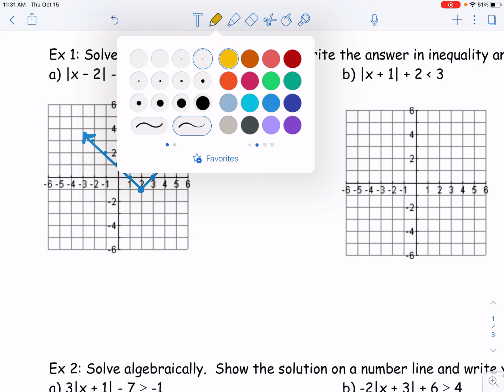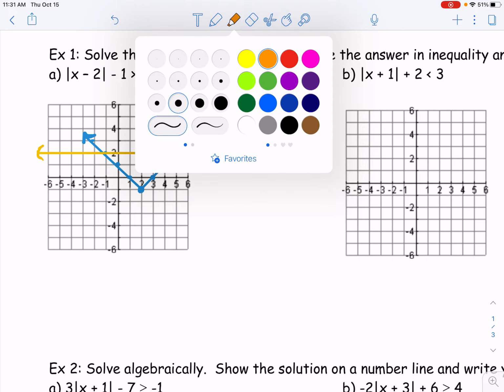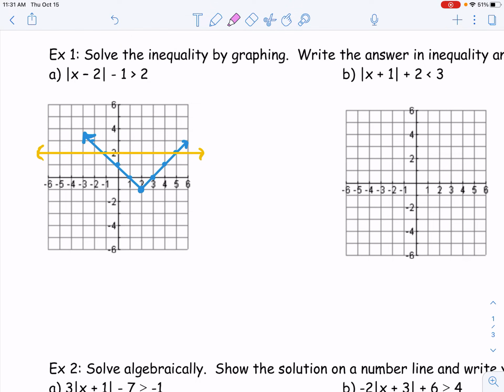So when I go to graph the right-hand side where it says 2, we know that that is a horizontal line going through 2. We want to know, where is our absolute value graph, where is the blue graph greater than that line? Let's go pink. Where is it greater than 2? So where is our blue absolute value greater than, or higher than, that yellow line of 2? Well, here and here.